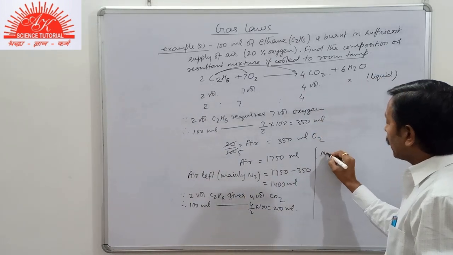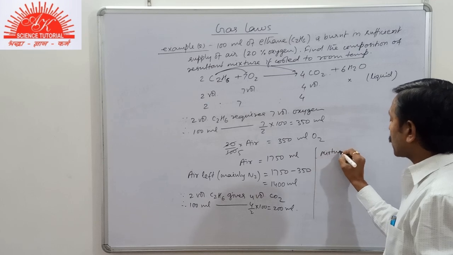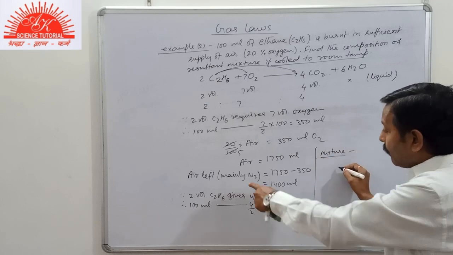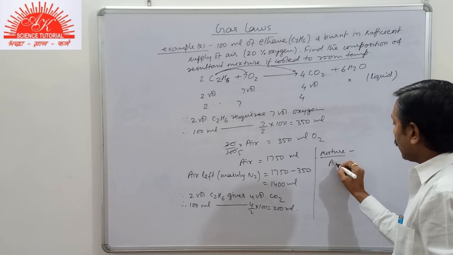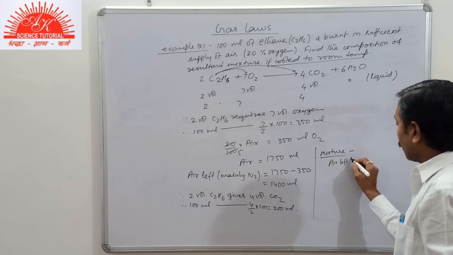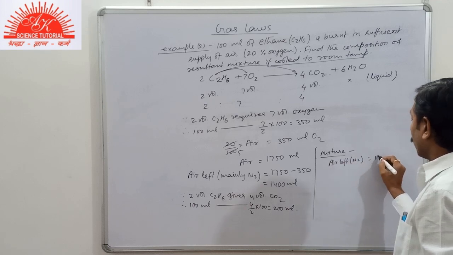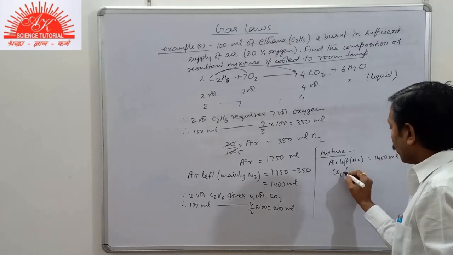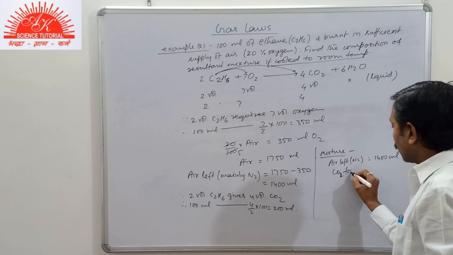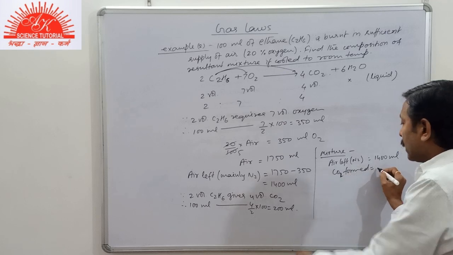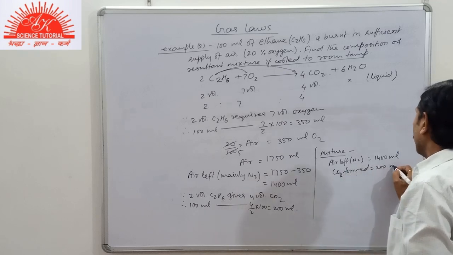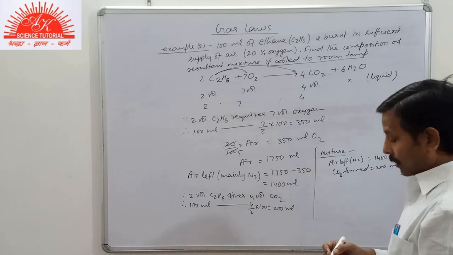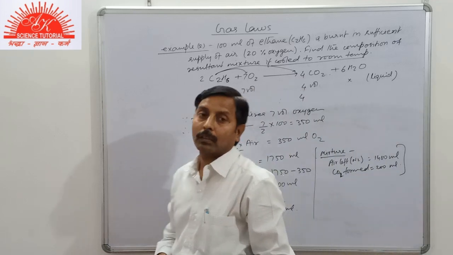Now, write the composition of the mixture. In the mixture, the air left, mainly nitrogen, is 1400 ml, and CO2 formed is 200 ml. So, this is the answer for this type of question.